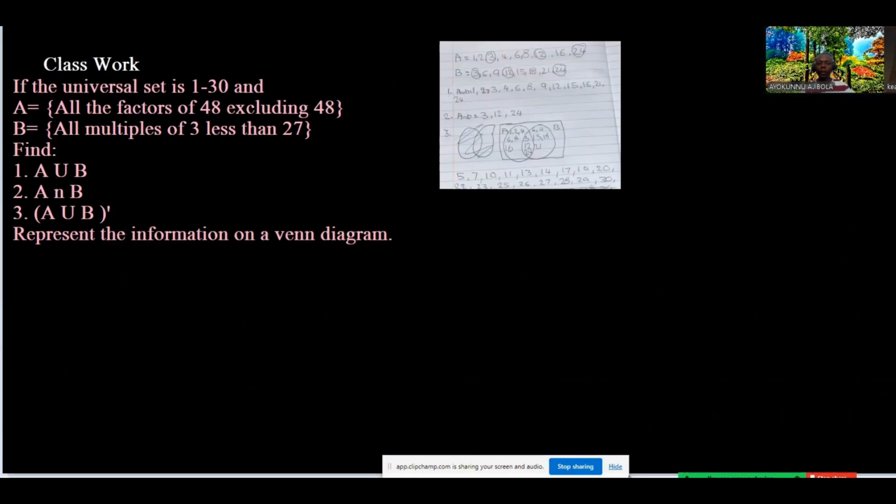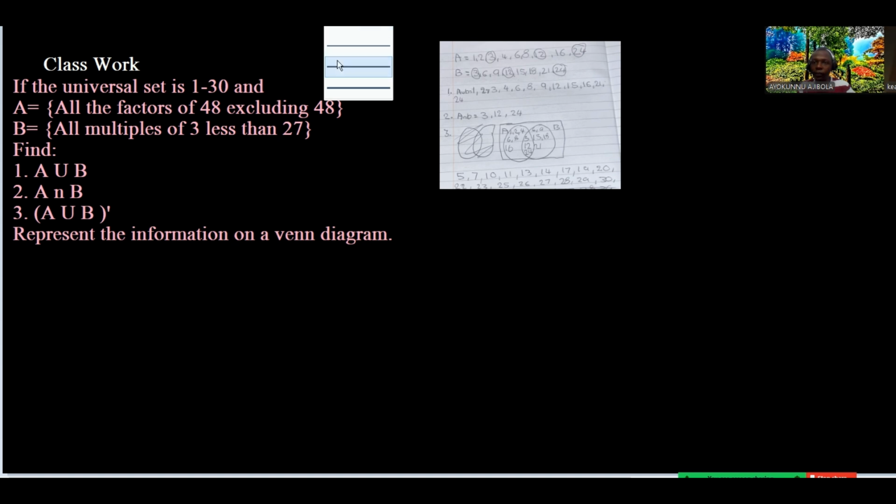So you've submitted this and let's look at the answers if they are correct. The first point there says that A must be all the factors of 48 without putting 48. So what are the factors of 48 without putting 48?